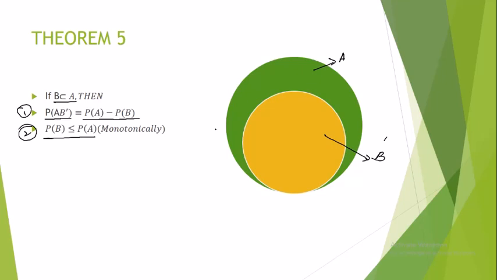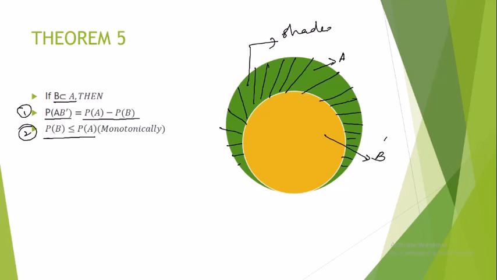Now what is this part, the shaded region? So I'm shading this. What is this shaded region? This shaded region is definitely A, right? Definitely A intersection. Is it B? No. So B complement.